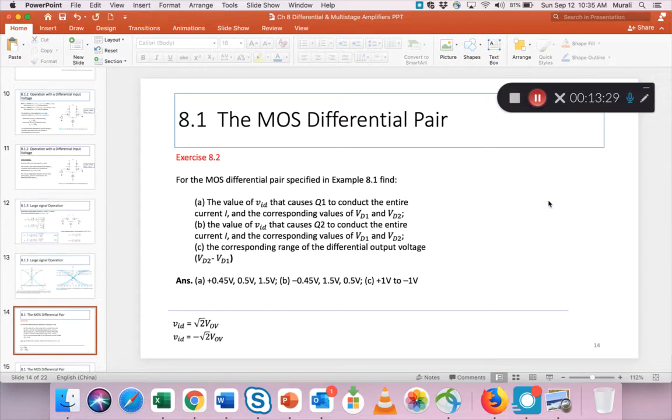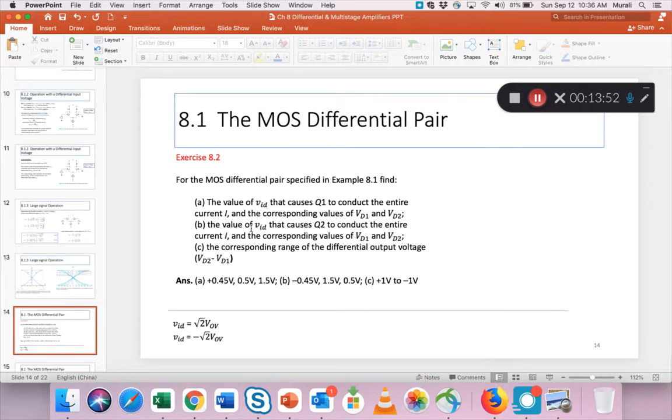Now we are putting a differential voltage VID. Find the value of VID that causes Q1 to conduct the entire current I, and Q2 goes to 0, the current in Q2, and the corresponding values of VD1 and VD2, which are the drain voltages across the two devices.